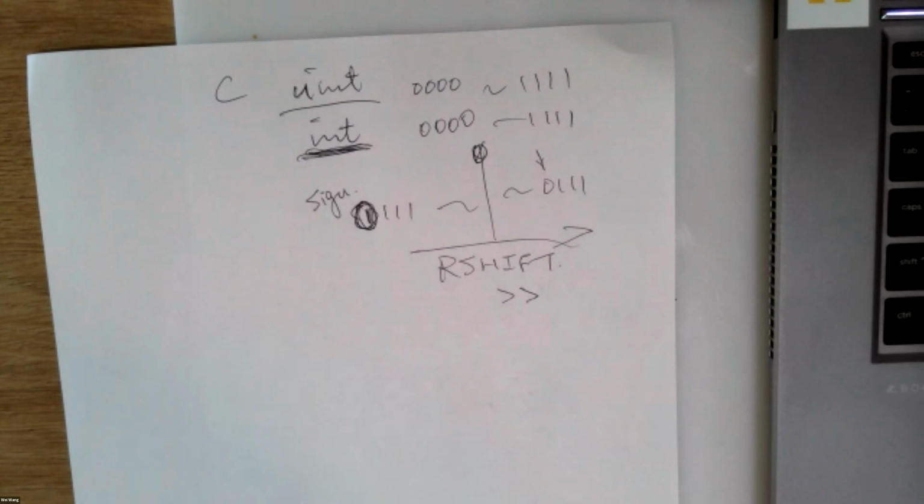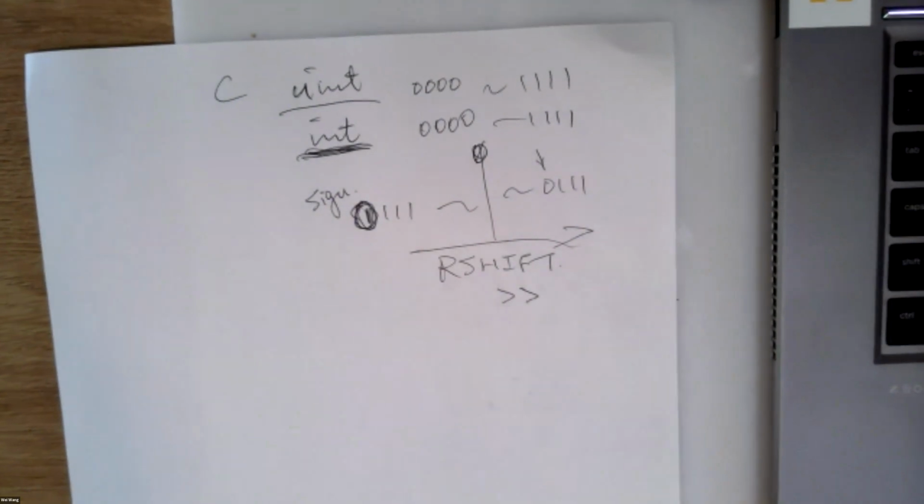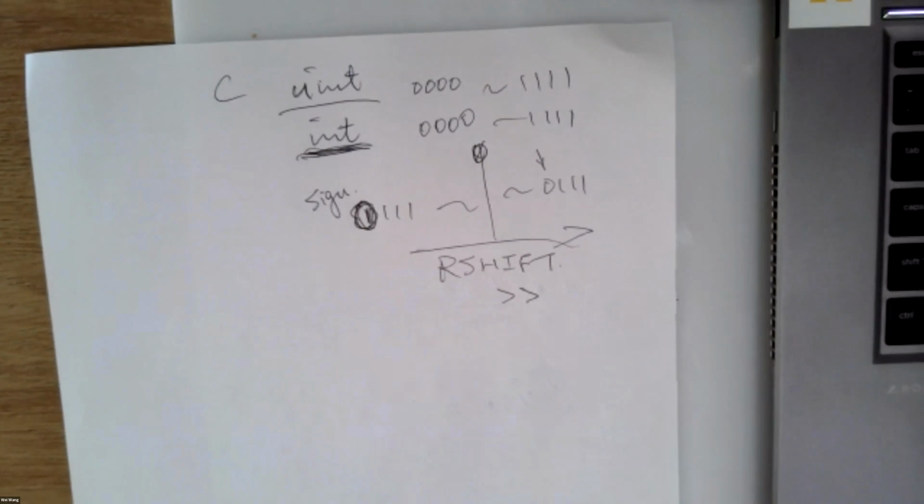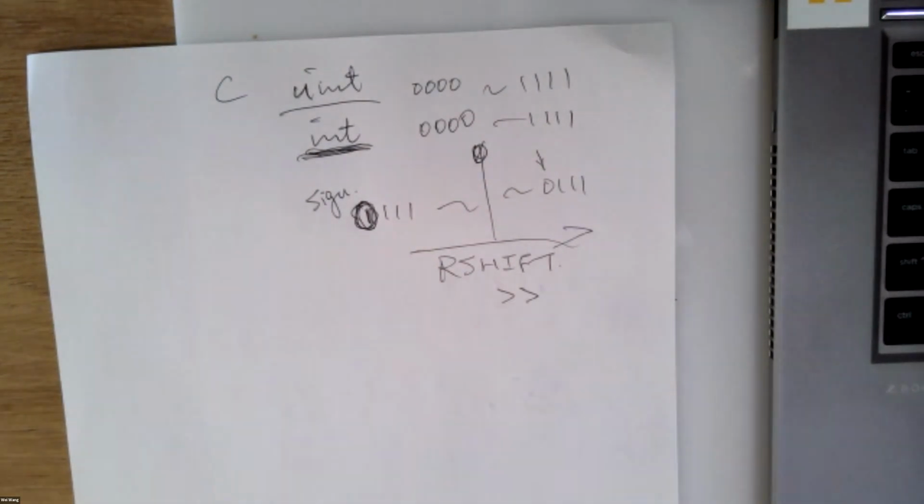So if you shift this number right 4 bits, you'll still get 1111, which is -1 in this case. But if you have a positive number and you shift it 4 bits right, you'll get all zeros. So that's the difference when you deal with signed integers in these languages.